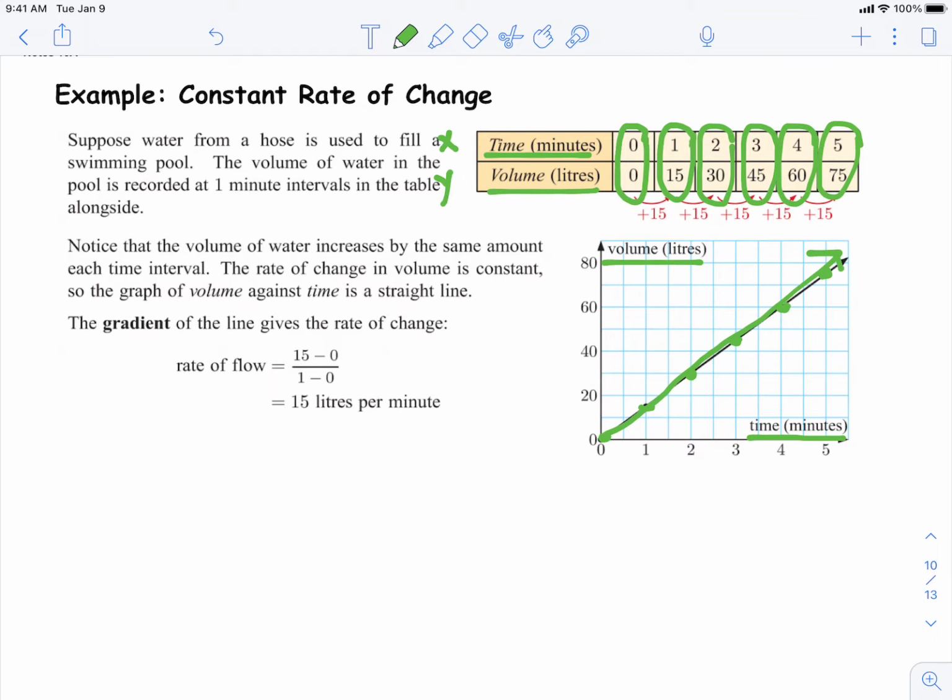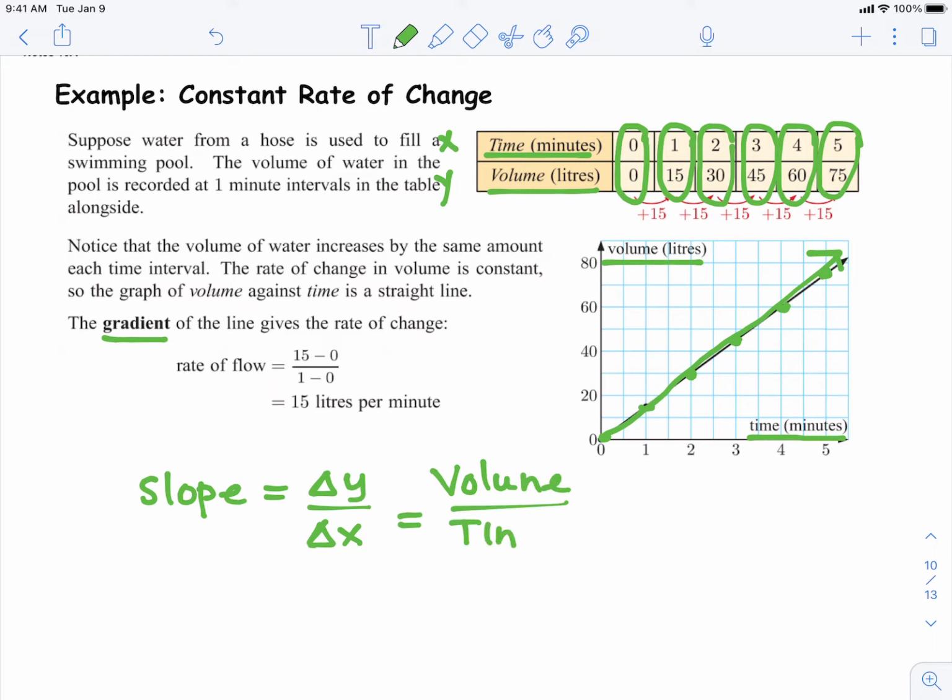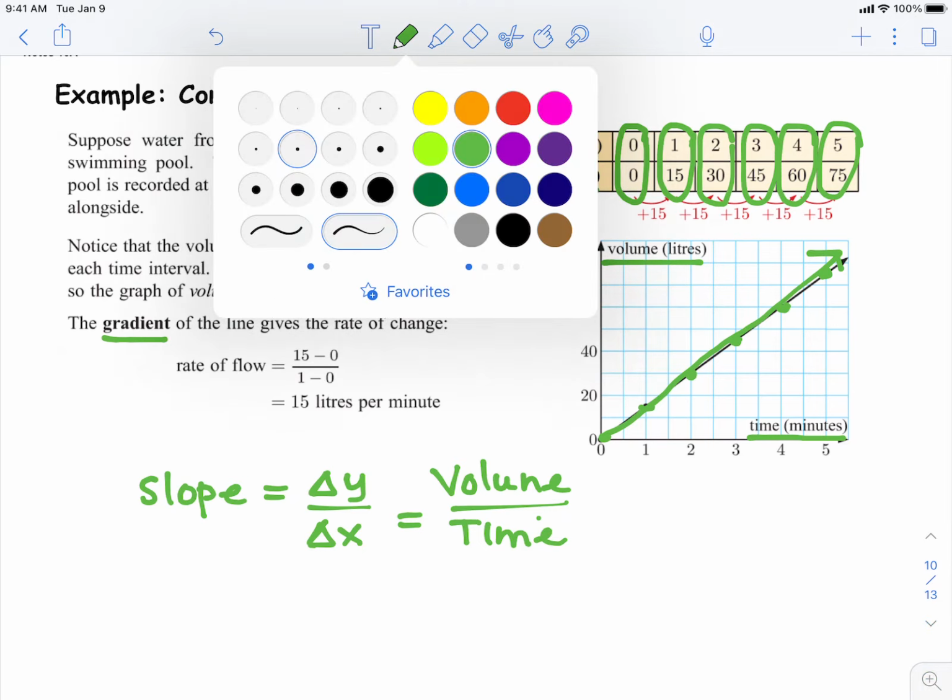That rate of change is your slope of that line. So remember, to find slope, it's the change in y over the change in x. So your y is your volume change, and then your x is your time change. So we need to find a set of ordered pairs.